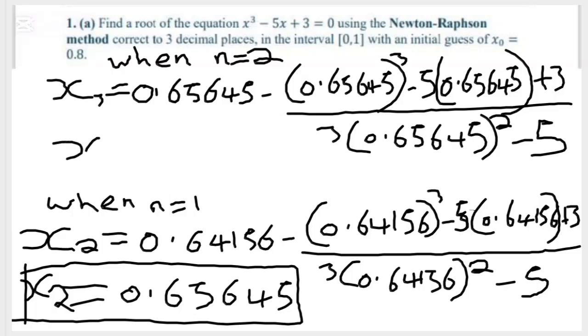So therefore at the end my x3 should now be equal to, let me see what we are going to get. So this is 0.